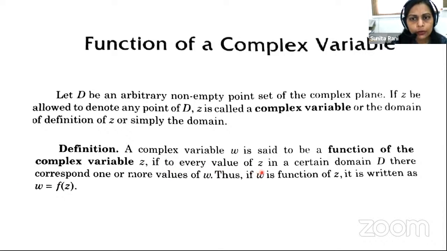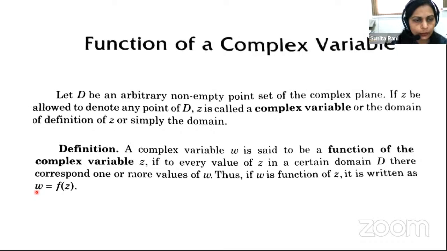If to every value of z in the domain D there exist one or more values of w, we can write w is equal to f(z). For every value of z, we can get one or more values of w.